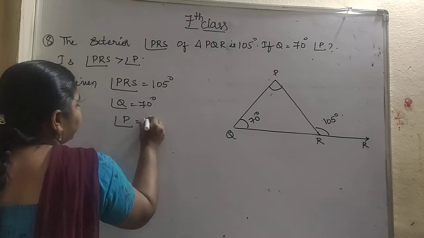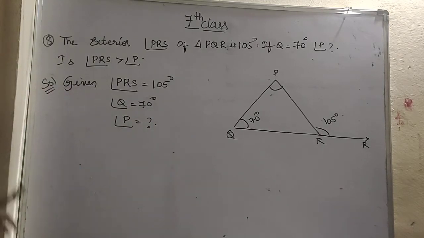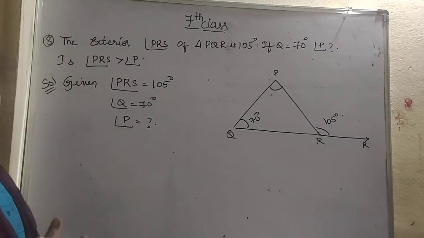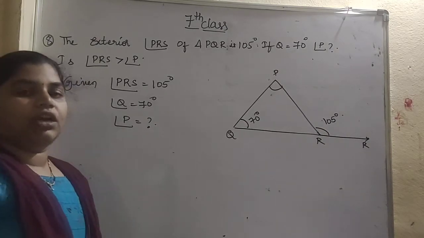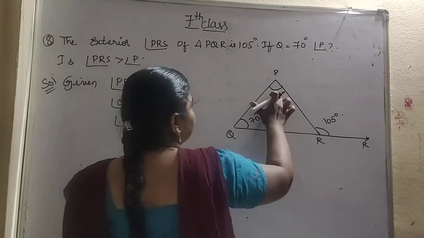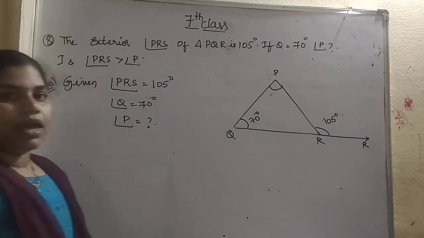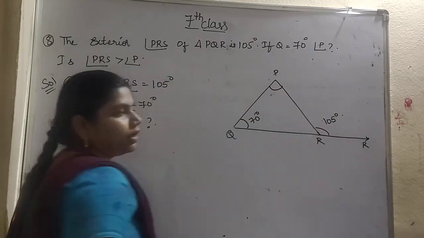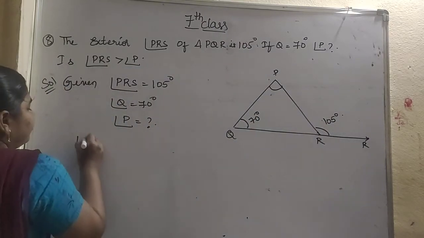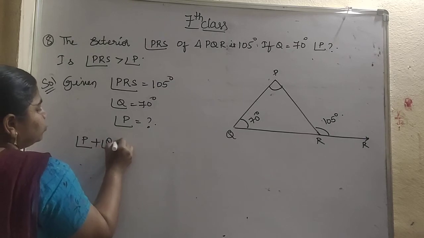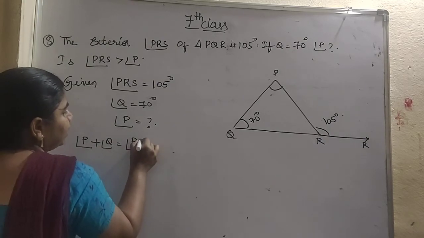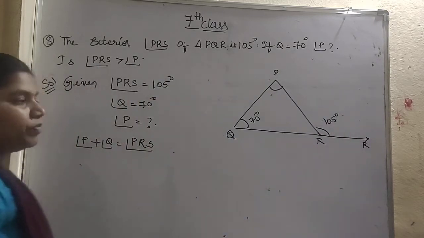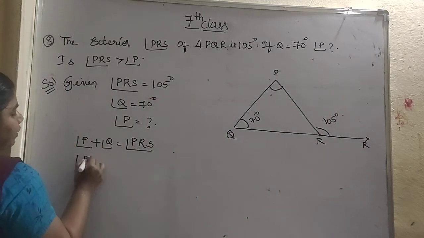We have to find angle P. By using the exterior angle property, I am finding angle P. The sum of two interior angles should be equal to the exterior angle. So we can write angle P plus angle Q should be equal to angle PRS, that is the exterior angle.